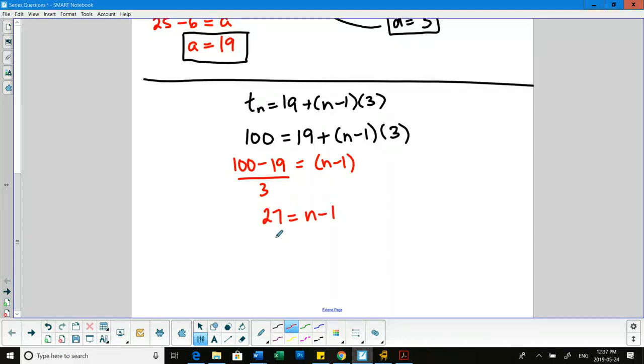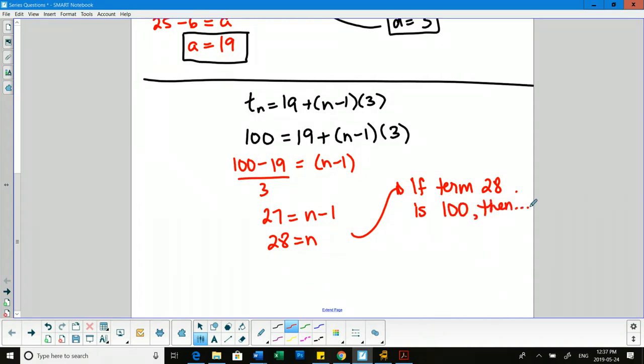And then when we move over the 1, we get 28. Okay, so the 28th term has a value of 100.